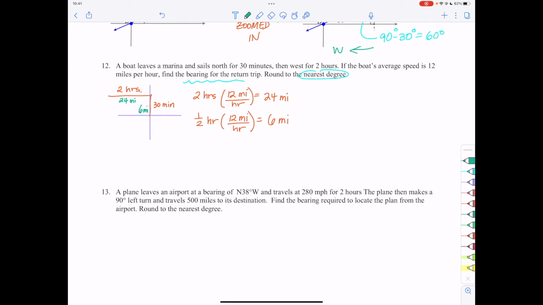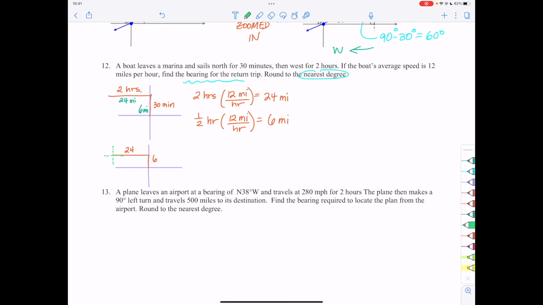Okay, so now we have a triangle. We can draw it on a new set of axes where we can come up with our triangle. And so we have 6, 24, and now we can actually create a new little set of axes here. And actually I can dash them in. Maybe I should make them a little bit brighter.